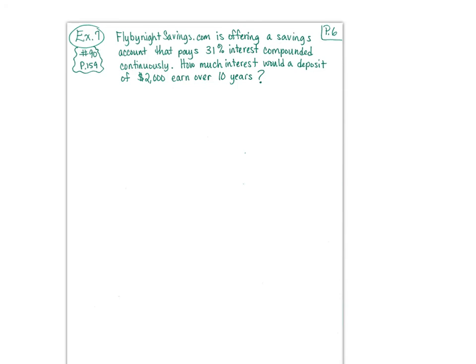Okay. What's our formula? What do we start out with? What's the general form? Go ahead, talk louder. 2,000 e raised to the 0.31 times 10. Times 10, good.